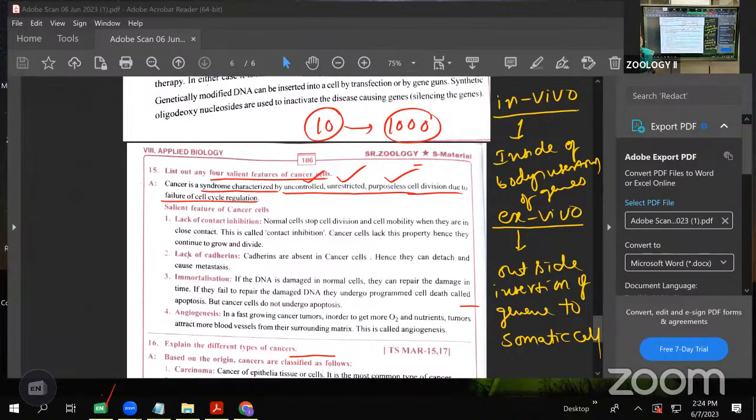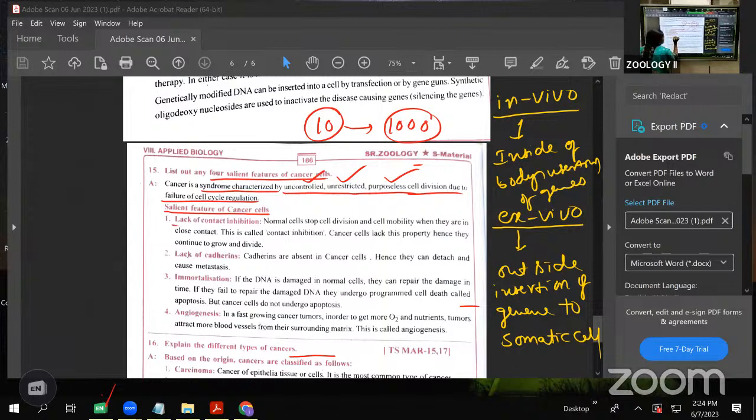Cell cycle regulation is not there, so the cell division is more, uncontrolled, unrestricted and purposeless. What is cancer? We discussed. Cancer means the cells are divided more, uncontrolled and unrestricted, purposeless cell division that causes tumors that we call cancer.